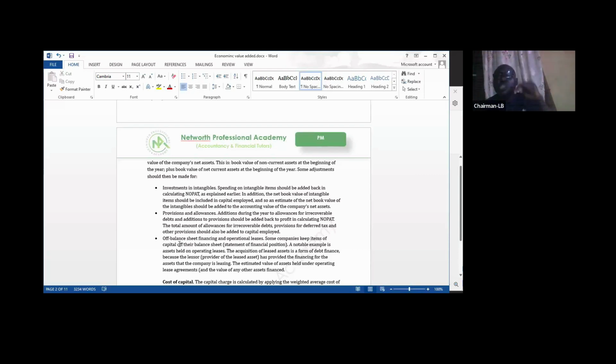You now ask yourself, is the provision increasing or decreasing? Usually, a company makes additional provisions. The company is trying to be prudent with its profits. If the provision is increasing, then you are going to determine the actual increase and add back.